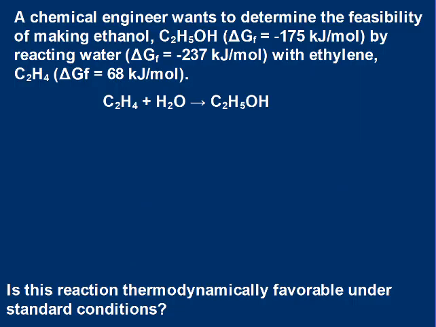All right, in our last problem, we have a chemical engineer who's trying to make ethanol. They can react ethylene with water, and so figure out, is this reaction thermodynamically favorable? Restart when you have your answer.